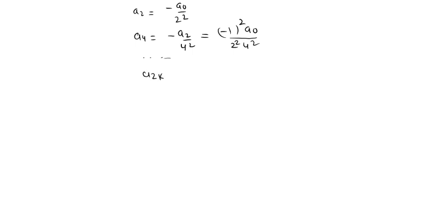So a2 is minus a0 divided by 2 square, a4 is minus a2 divided by 4 square, or you can write minus 1 square a0 upon 2 square 4 square etc. So in general you have a_2k, the even coefficients, minus 1 power k a0 divided by 2 power 2k, then factorial k square.